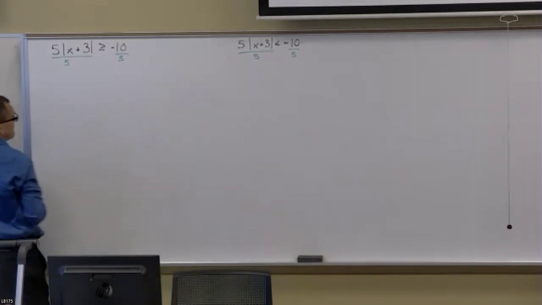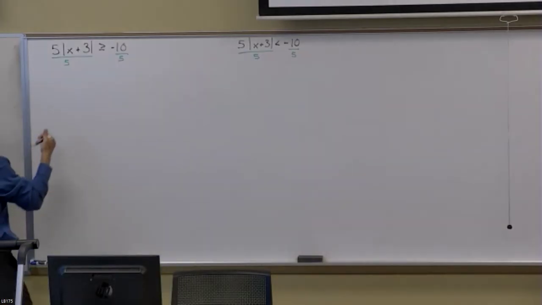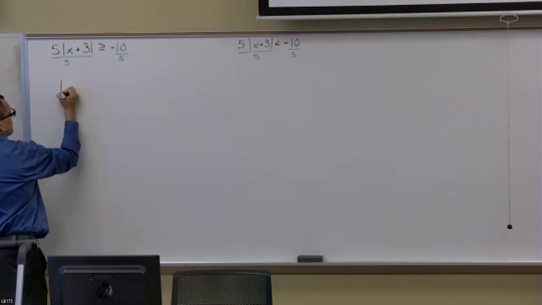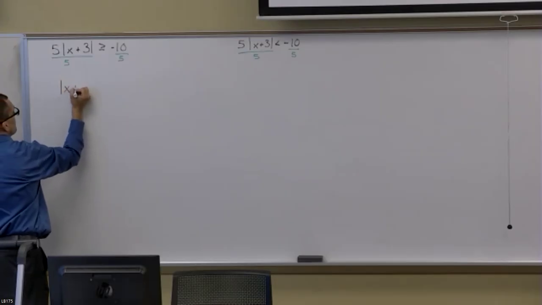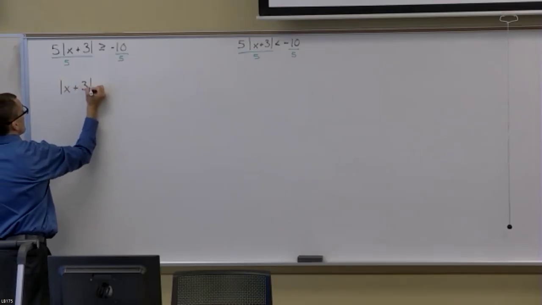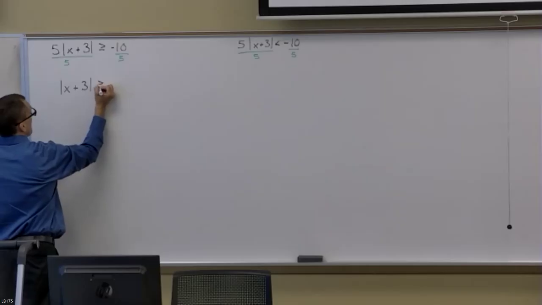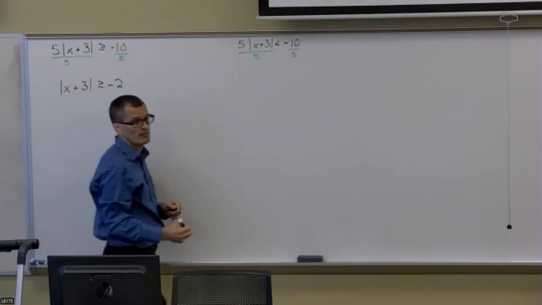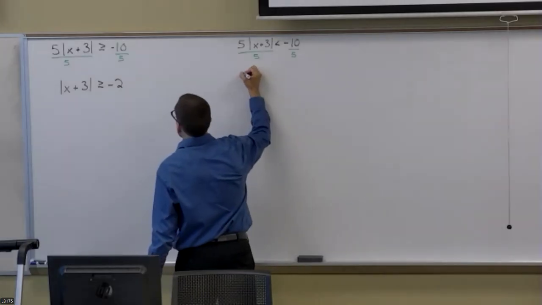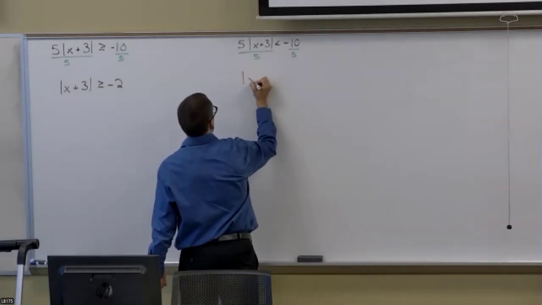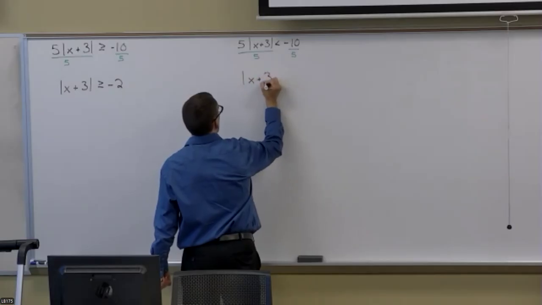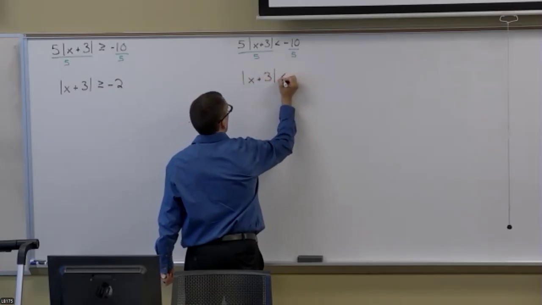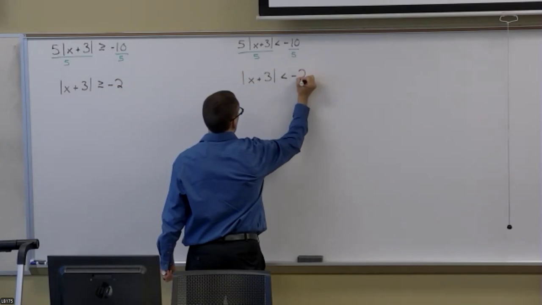Dividing by a positive doesn't change the sign, so we're going to end up with an absolute value of x plus 3 is greater than or equal to -2. And then in the other one, we have the absolute value of x plus 3 is less than -2.